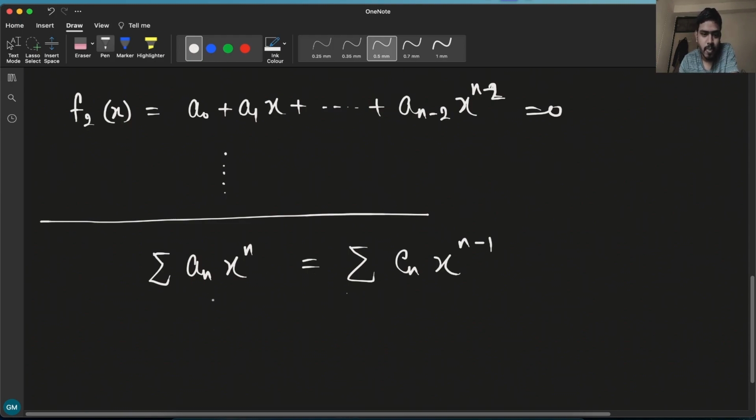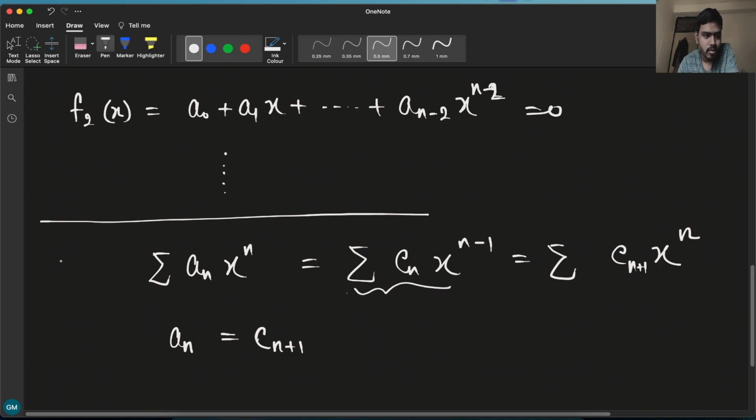In that case, what you can do is compare the coefficients of the same power of x. If I compare, what we get is an equals, and if in the summation I write x to the power n, it will be c n plus 1. So an will be equal to c n plus 1.